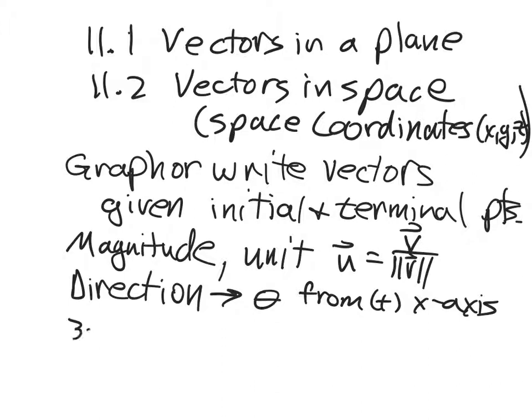In 3D, we have direction angles. I guess that's later on in section 3 we actually run into that, but in 2 dimensions, the direction can be represented by theta.